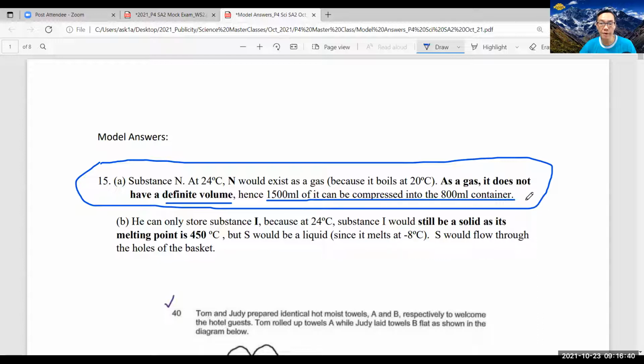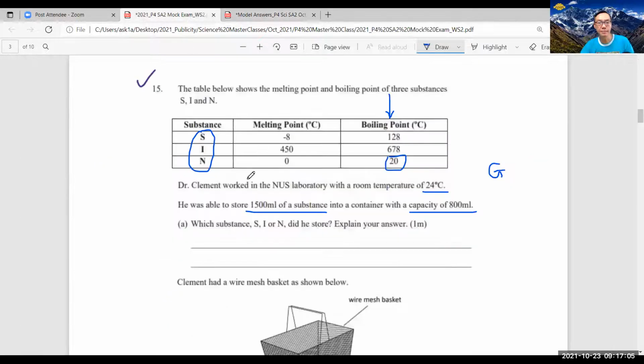So this is very good because the students answer according to the context. The context is 1,005 squeezed into 800. So the student applies the concept that gas does not have a definite volume and can be compressed, and applies it to the situational context, which is very good. Let's see the next part.